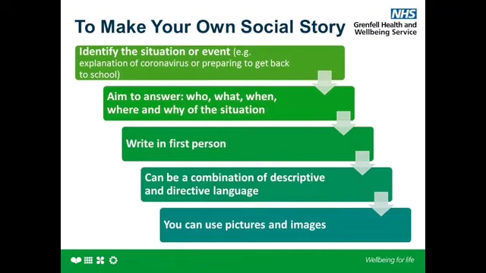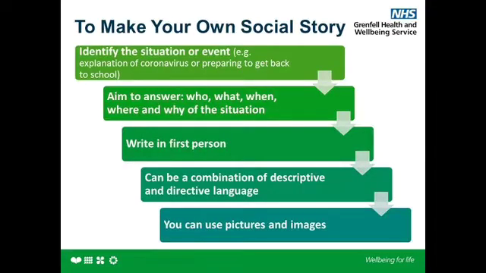Just to bear in mind, some of the things to think about when doing a social story is that you should identify the situation or event. So think about what it is you want your child to know about a particular thing. Another thing is to aim to answer who, what, when, why, and where in a situation.